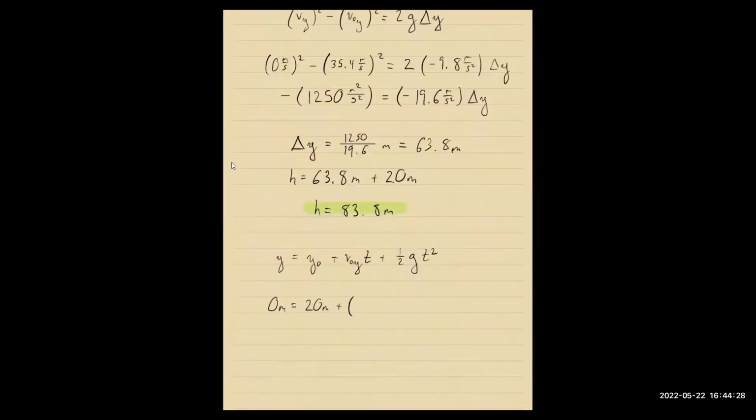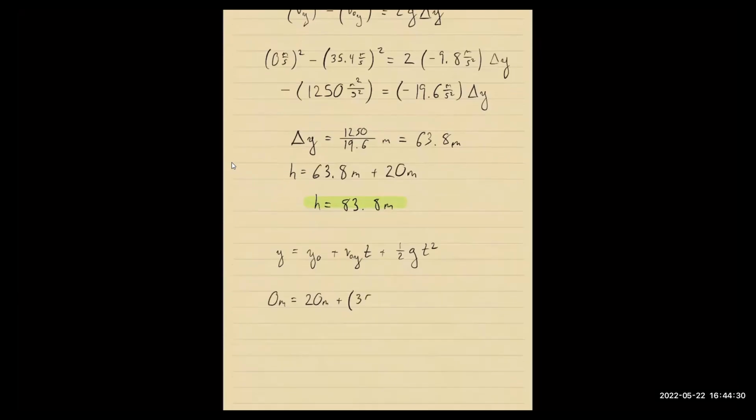Yeah, 35.4 meters per second times t star, the time it takes for this thing to hit the ground, plus 1/2 times negative 9.8 meters per second squared times t star squared. So we're going to need to use the quadratic formula to solve this, which is a quadratic equation. So I'm going to rewrite this a little bit and move some things around.